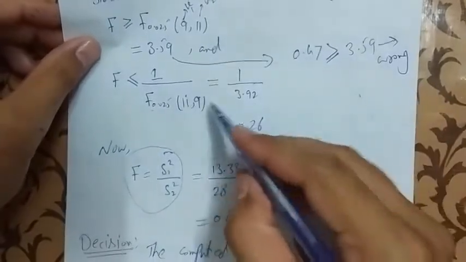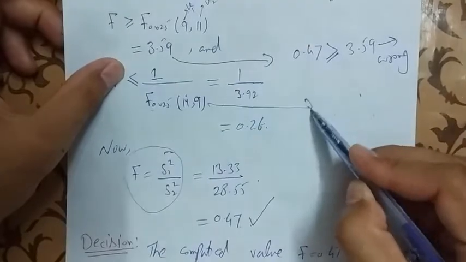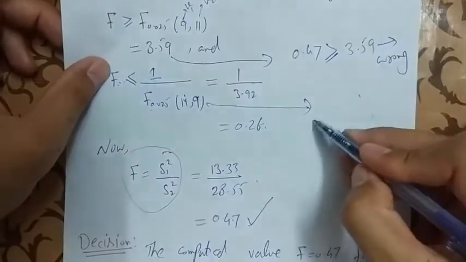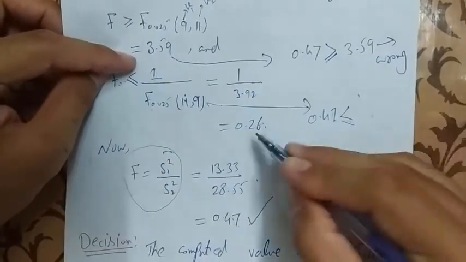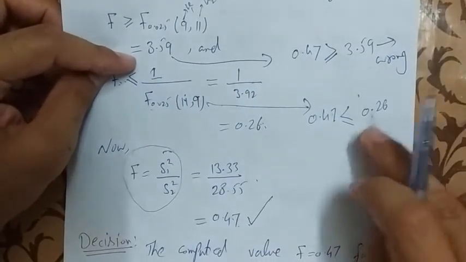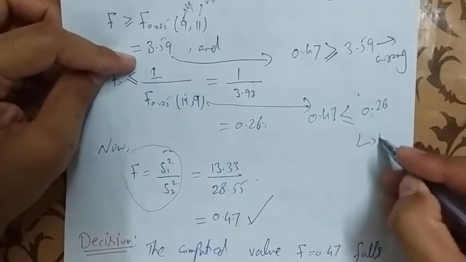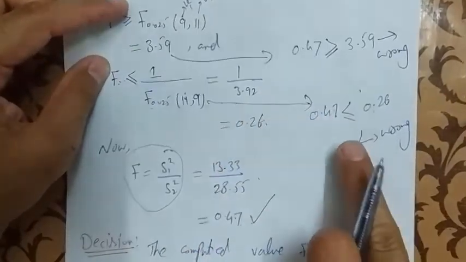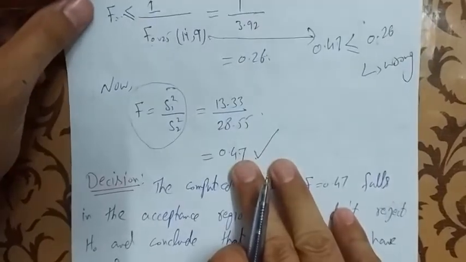And also check this. Is the F value 0.47 less than or equal to 0.26? Is this correct or wrong? This is wrong. So both are wrong, and our computation does not lie in the critical region.